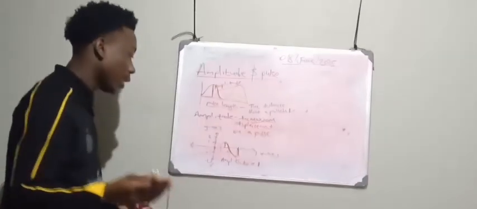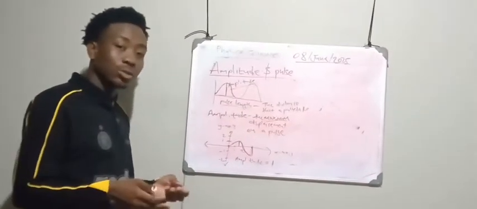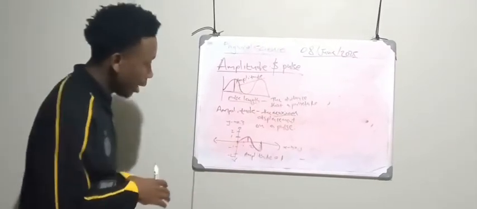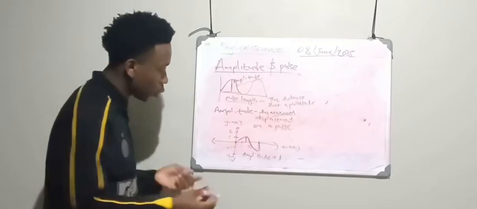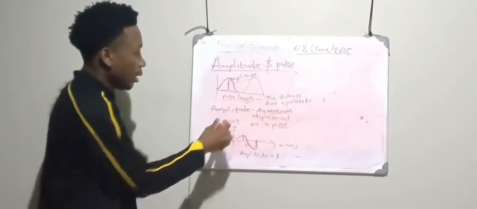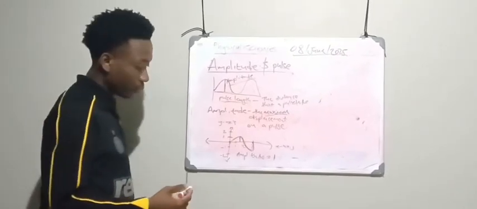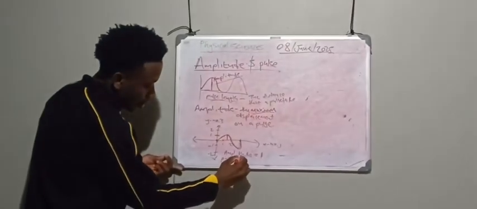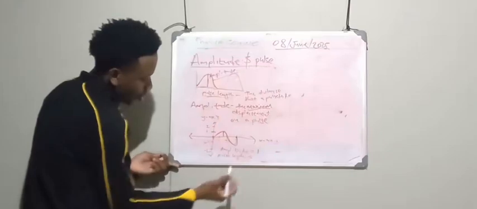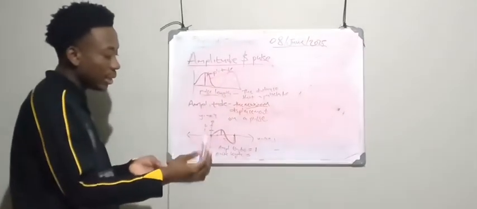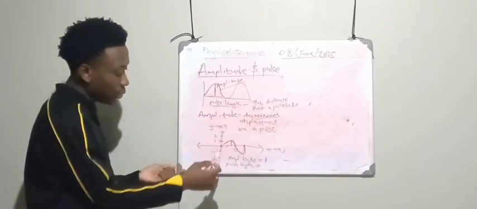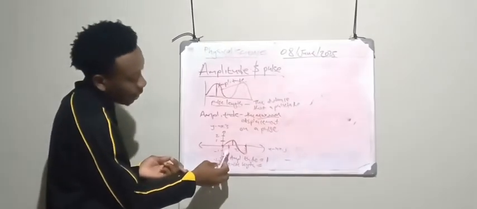So let's say I give you a question and ask you to find the amplitude. This is how you find your amplitude. And let's take the second question. They ask you what is the pulse length on our graph. Since I told you the pulse length is the distance where the pulse moves, you can see the distance that the pulse has moved.